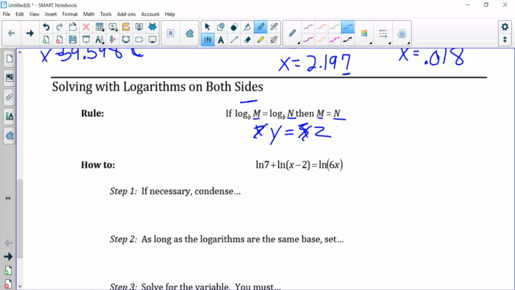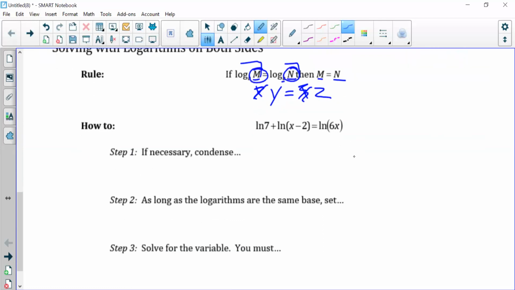Same way here. If the two logs of the same base, notice the same base, are equal to each other, then the y values must be equal to each other. All right, so let's look at an example. So step 1, if necessary, condense on both sides.